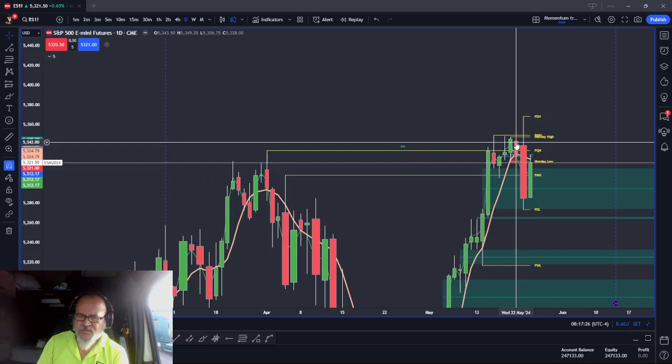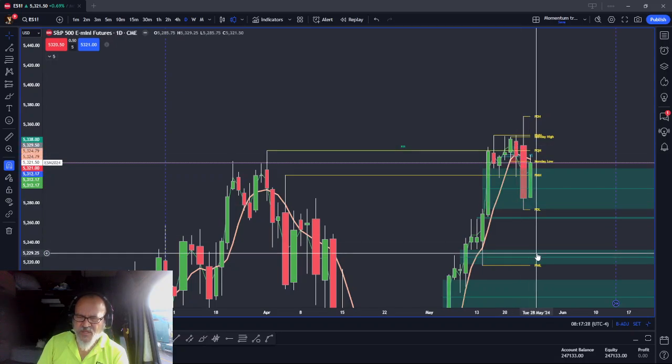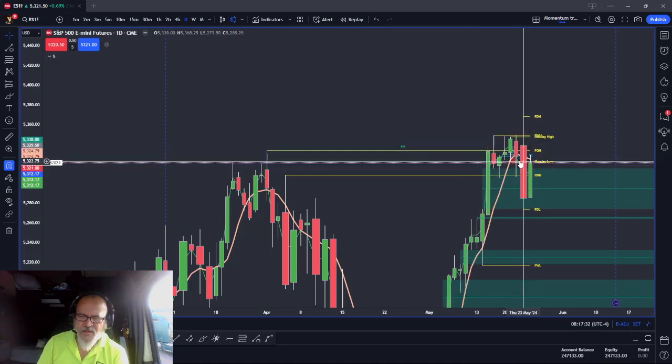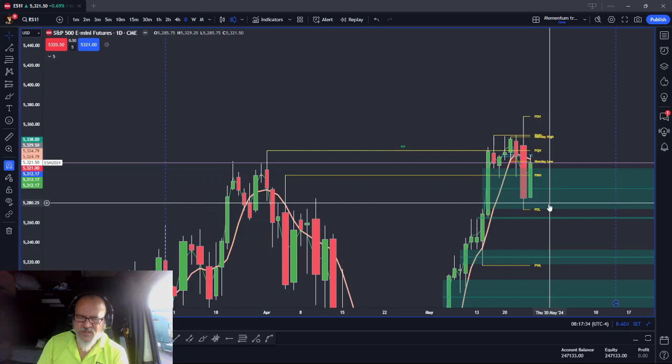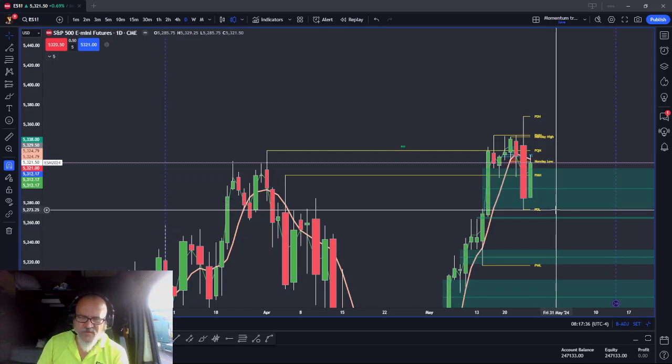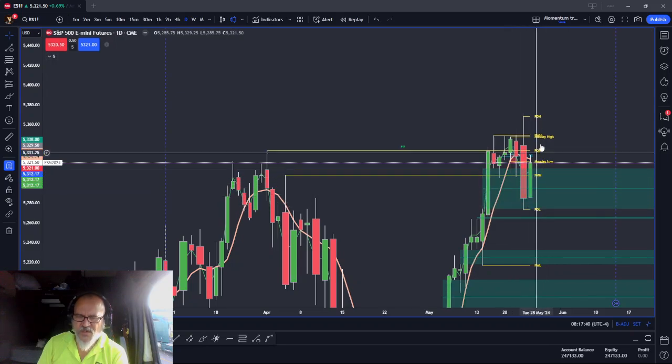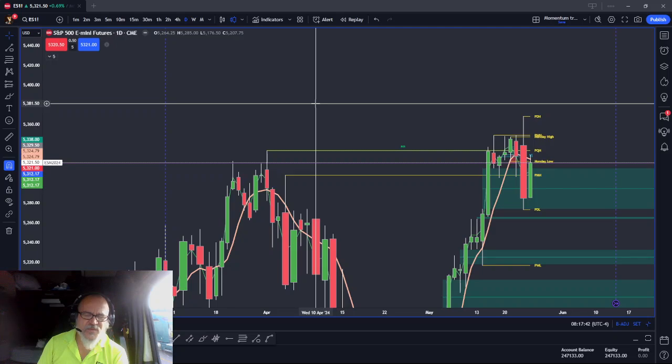So this is not displacement yet until it creates a bearish fair value gap. So this could very well, this fair value gap could hold and we could go higher on the daily.